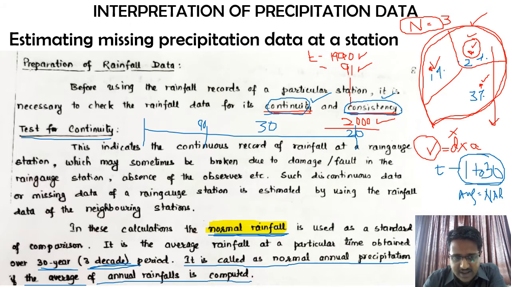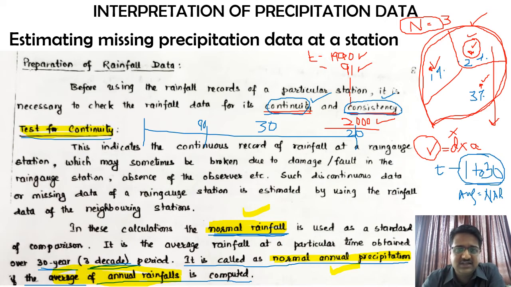If you are not talking about the average of annual rainfalls, then it is just called normal rainfall. If you are talking about the averages of annual rainfall, then you call it normal annual precipitation. So this is the initial discussion for the test for continuity.